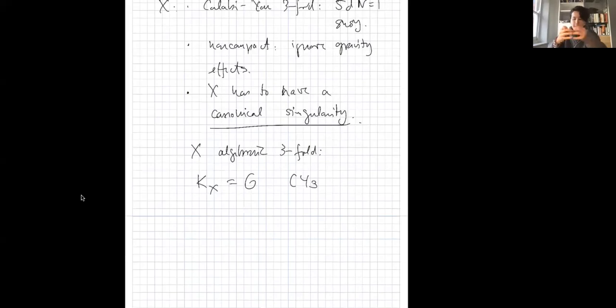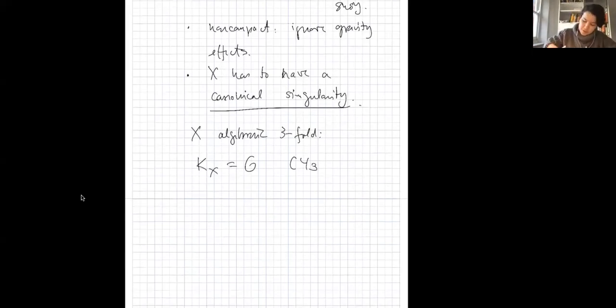So can I pop in sort of cycles, compact divisors, so surfaces. Surface meaning real 4-dimensional, complex 2-dimensional. Can I insert them in such a way that I retain the triviality of this canonical class?